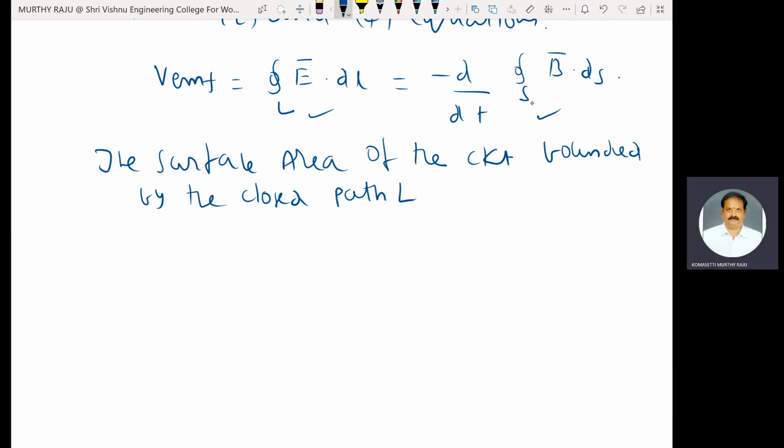The variation of magnetic flux with time may be caused in three ways.